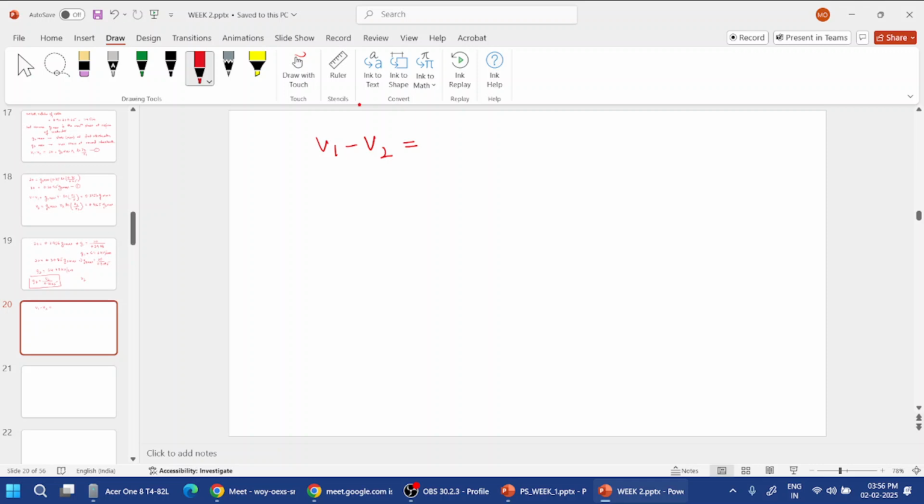Okay, yes. So V2 will be equal to 66 minus 40. Just a second. V1 minus V2 is 20, which is equal to 0.3085 G2 max, and we have calculated G2 max.